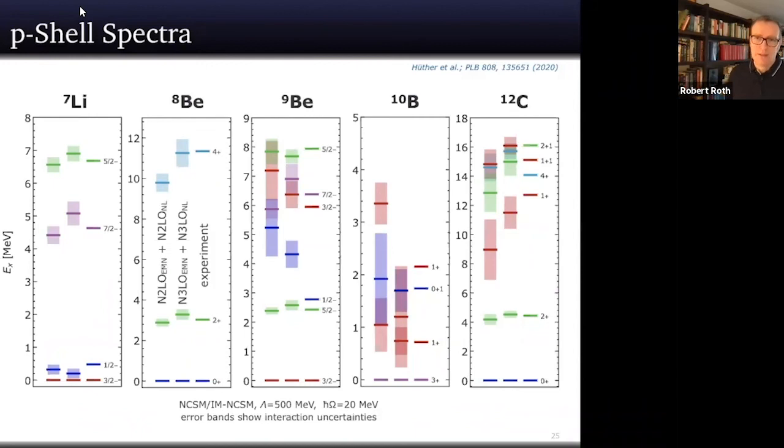No, it's something that really depends on the structure of your state. And in many of the cases that have big uncertainties, we actually understand why that is, because of the specific structure of these states. They are super sensitive to individual features, individual terms of the interaction, and therefore react strongly to this order by order sequence in the calculations.